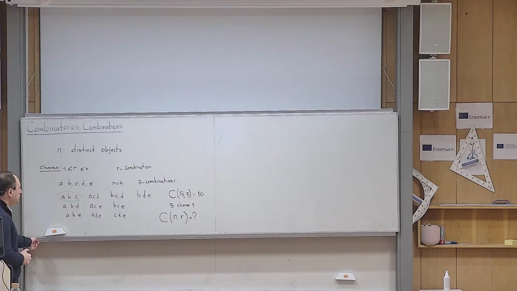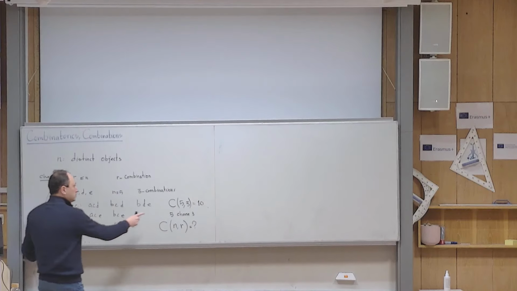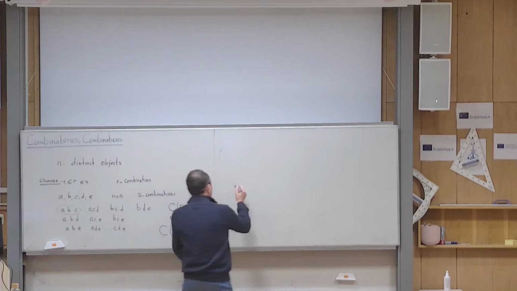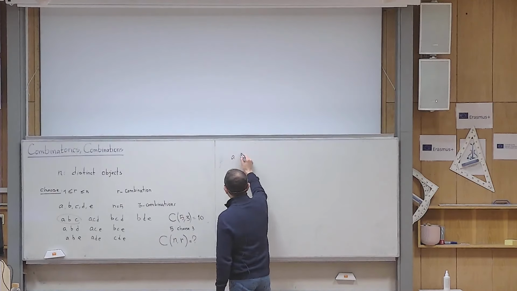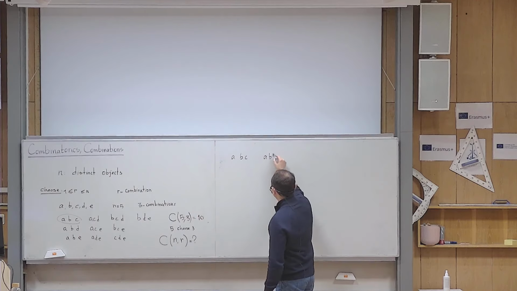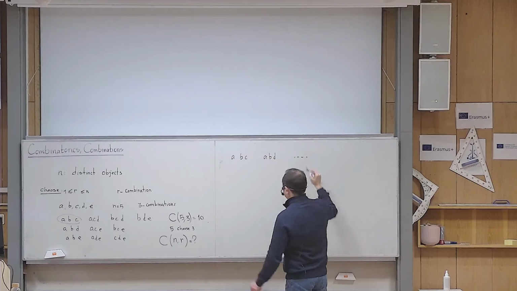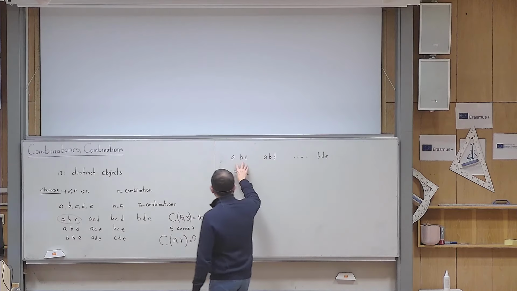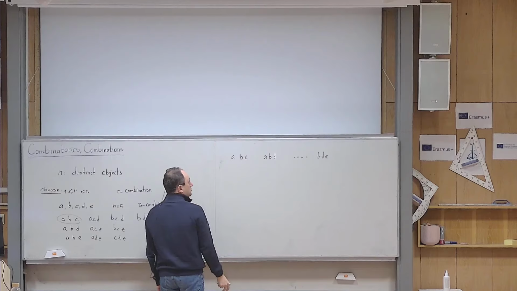Okay, so let me try to immediately find the formula using this idea. For example, here I can have ABC, I can have ABD, until BDE as you mentioned. But then let us write all the permutations below them.